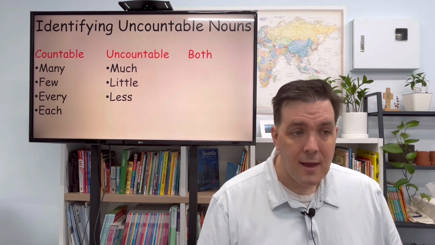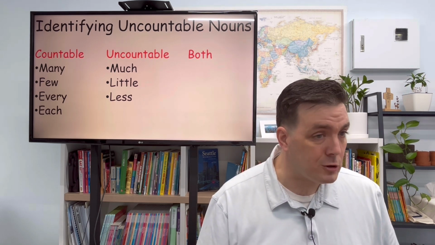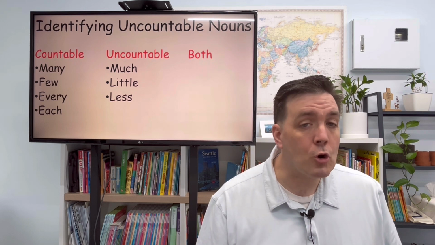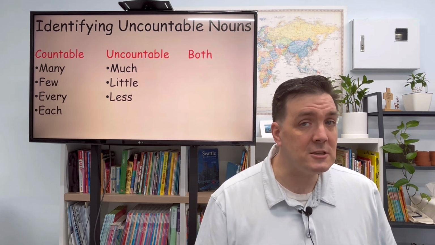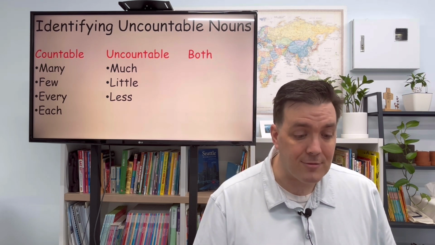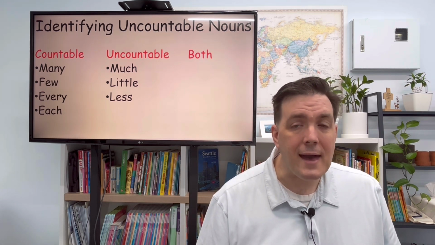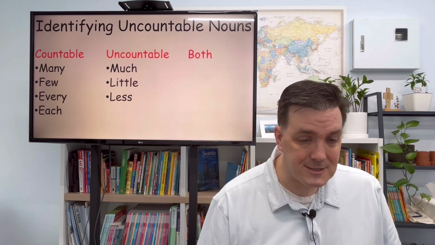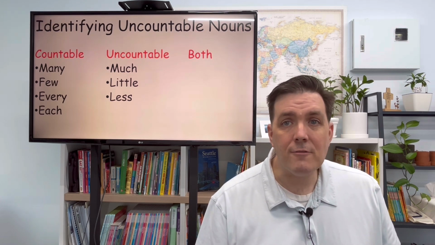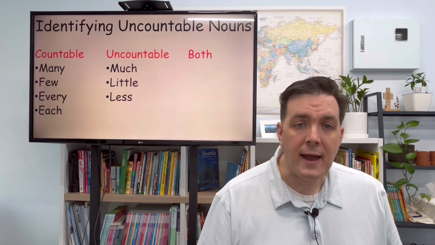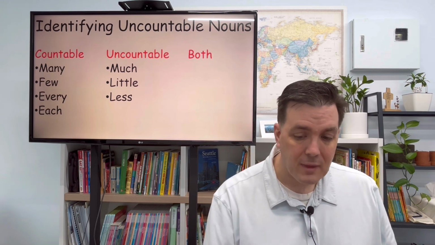Doesn't work. I could say I have little girls, but in that case, little girls refers to their size. Doesn't refer to how many I have. Okay? And same thing for less. Okay? I have less time than I thought. Or I have less sugar than I had last week.